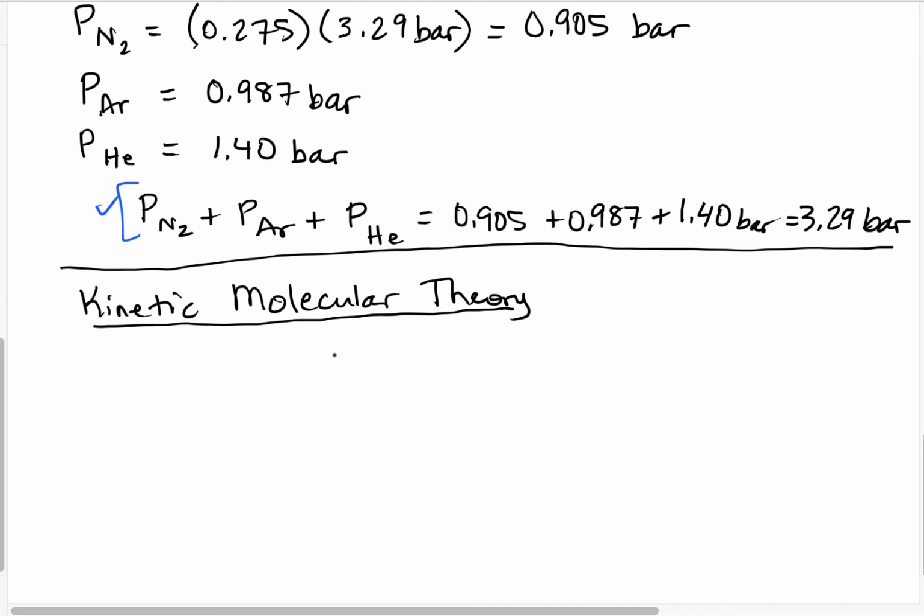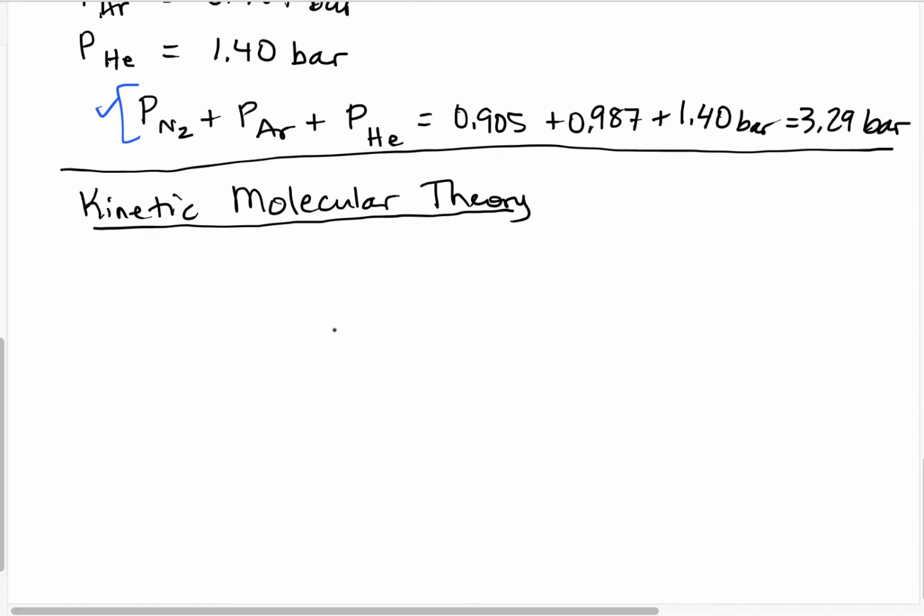So kinetic molecular theory, all we're really doing with this theory is helping us understand the gas particles. Our chapter does go into some calculations. We're not going to worry about those ones. So some ideal gas law concepts are inside this kinetic molecular theory.